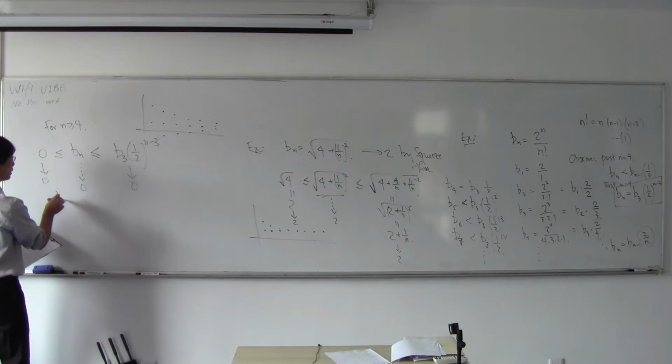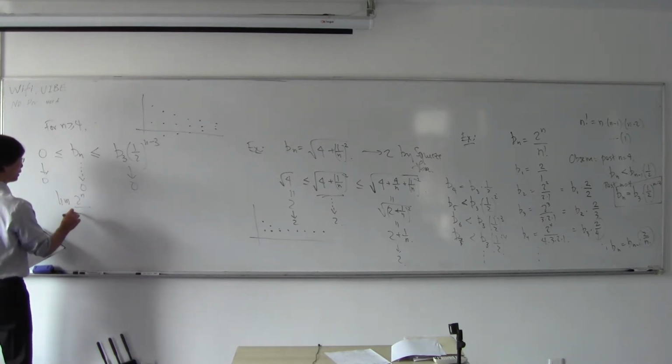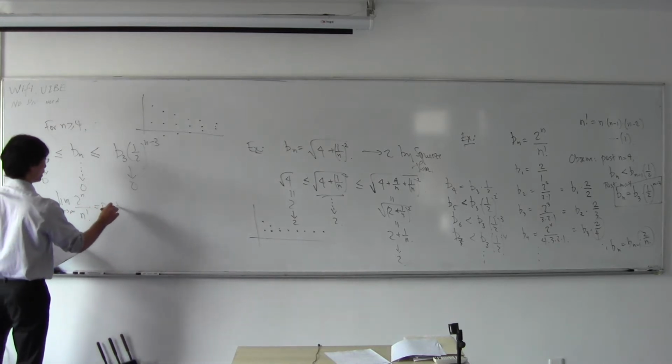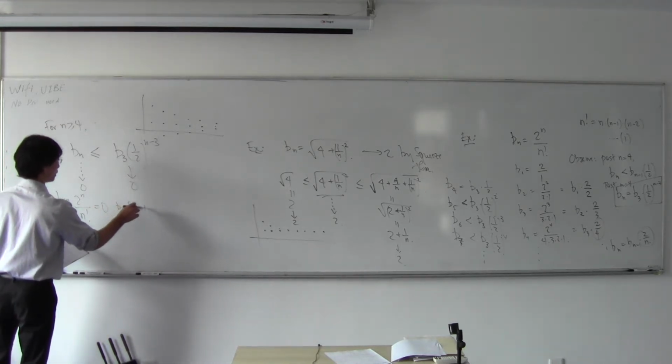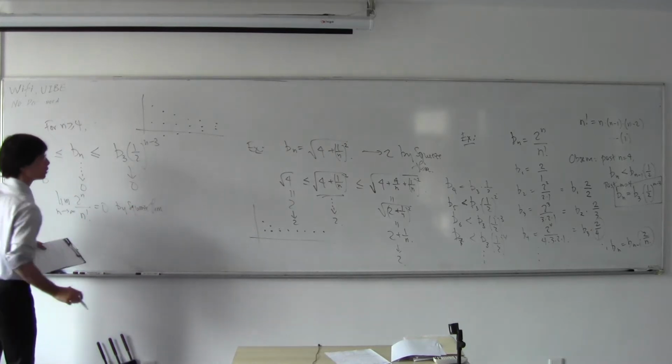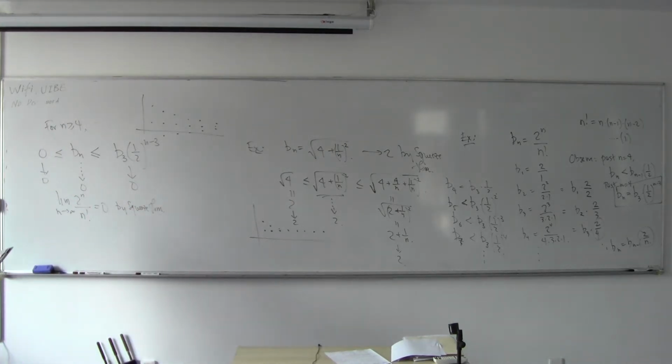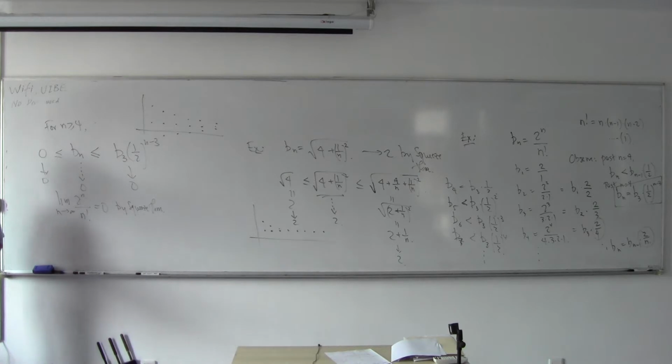So the limit of 2 to the n over n factorial is 0. Let's squeeze that. So even though the exponential function grows fast, the factorial grows faster.